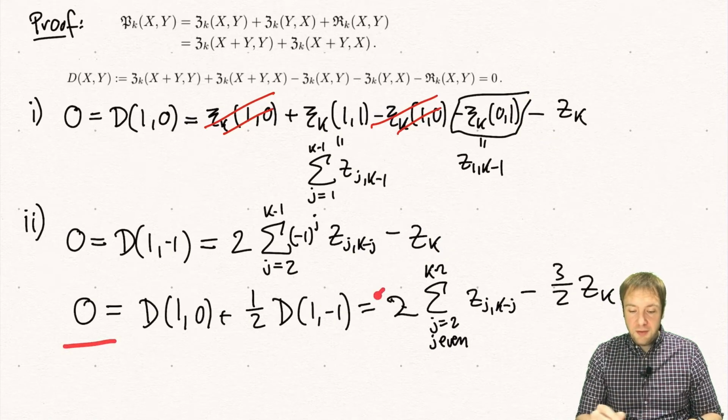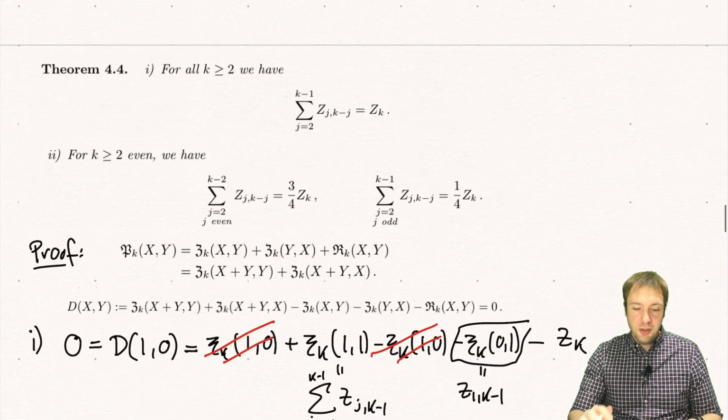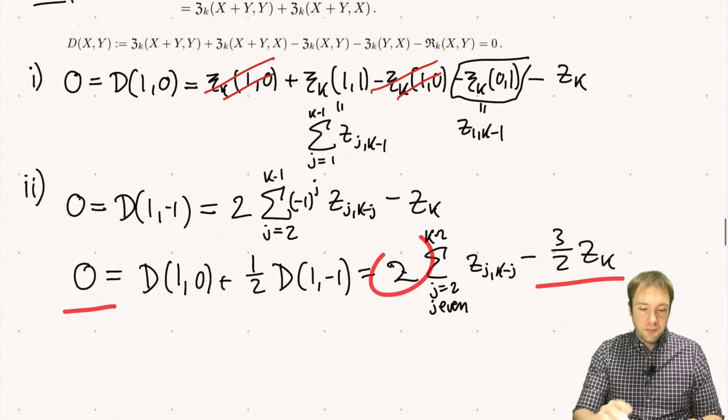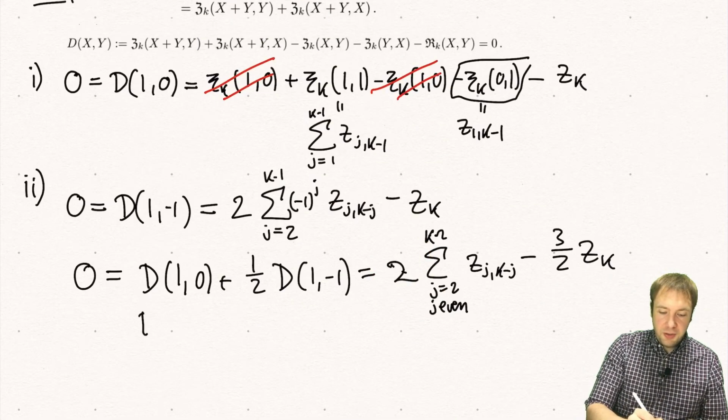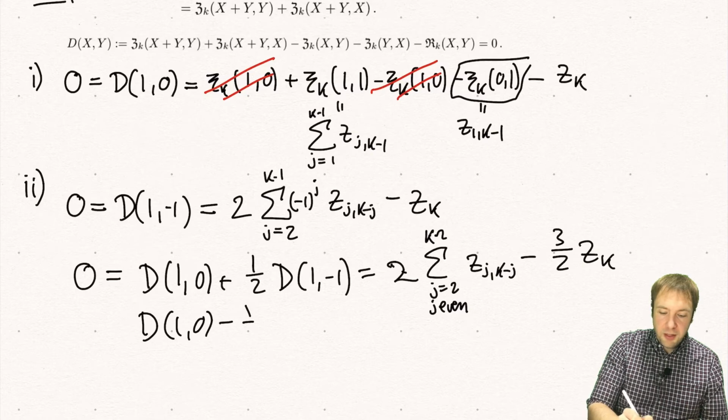Therefore this is 0, and if I divide by 2 I get this 3/4 for this even part. And to prove the second part we just consider minus 1/2.